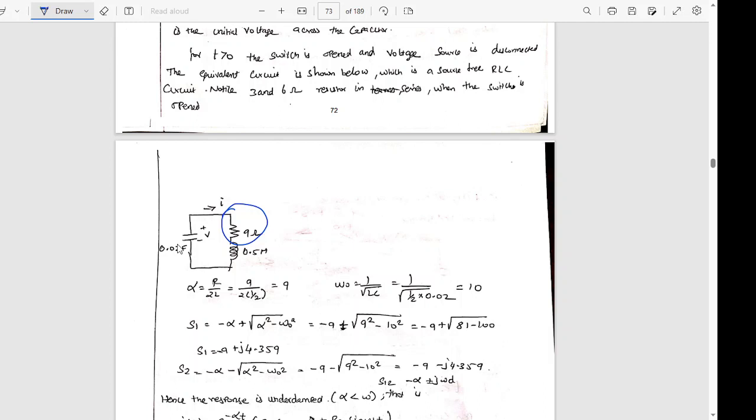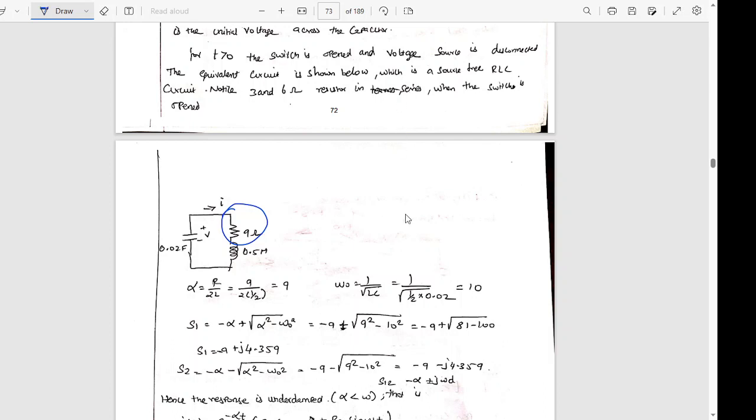Now find out what is alpha. Alpha equal to R by 2L, will get 9, and omega naught equal to 1 by root LC, which is 10. And I can calculate the roots. S1 equal to minus alpha plus root of alpha square minus omega naught square, so that will be around minus 9 plus j 4.359, and S2 equal to minus alpha minus root of alpha square minus omega naught square, and we will get minus 9 minus j 4.359.